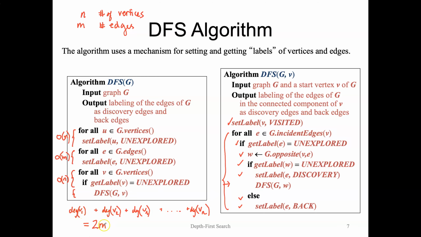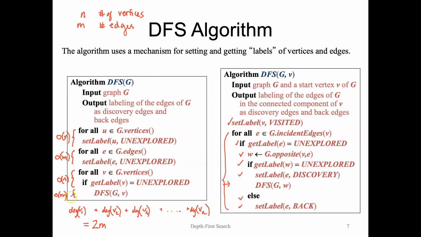So our total cost of all of the calls that we make to depth first search, because we know we're only going to call it once per vertex, and within each vertex we go through this for loop degree of that vertex times, then if we add up the degree of each vertex, the total we get is 2m. So the total cost to DFS here, all of the times that we'll end up calling it for all vertices, is big O of m, where m is the number of edges.